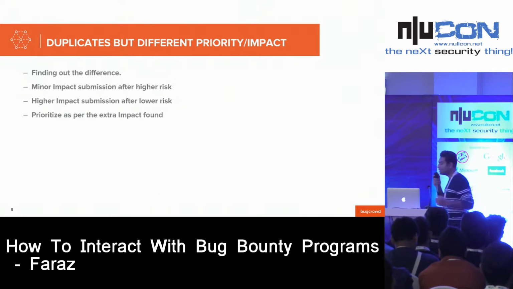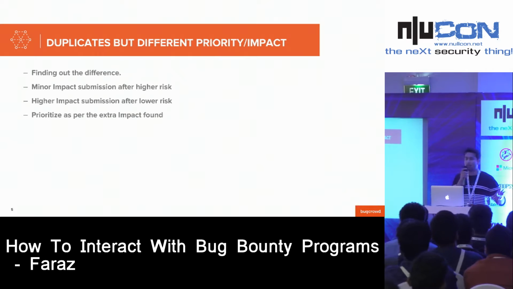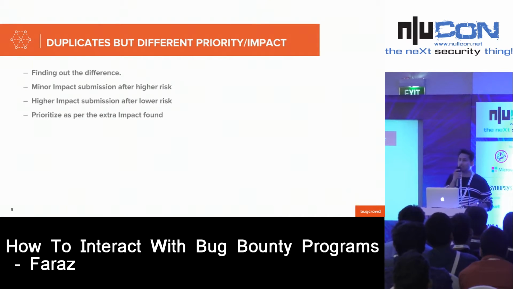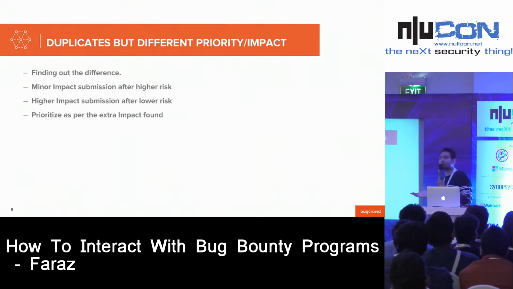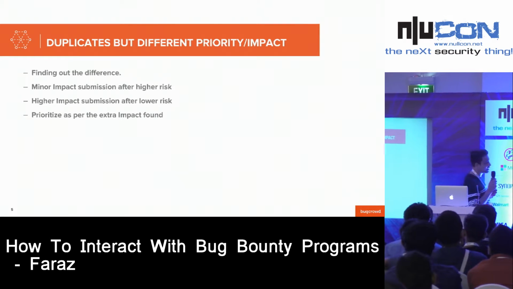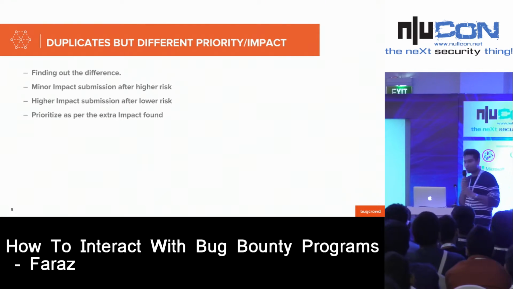But if we look at it completely, what will be the patch? Patching that open redirect is the only thing, right? So the first submission which came as open redirect is a P3. But the next submission which came as account takeover is a P1.